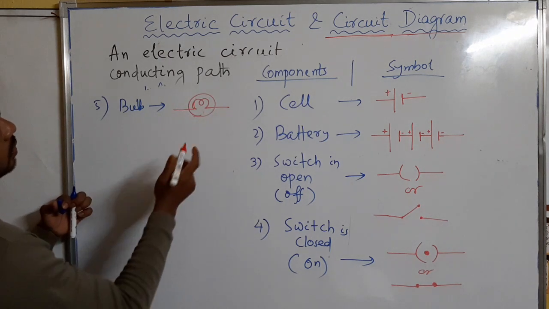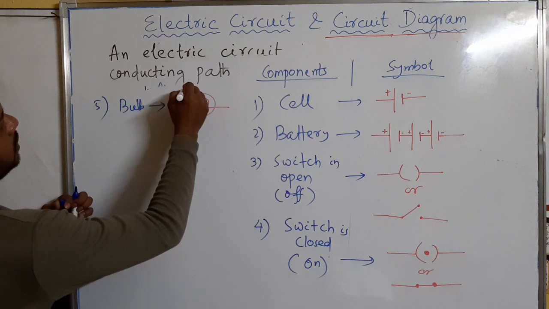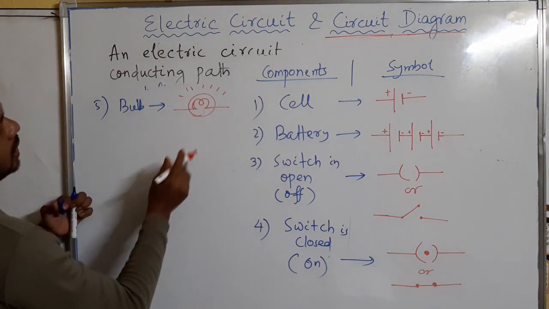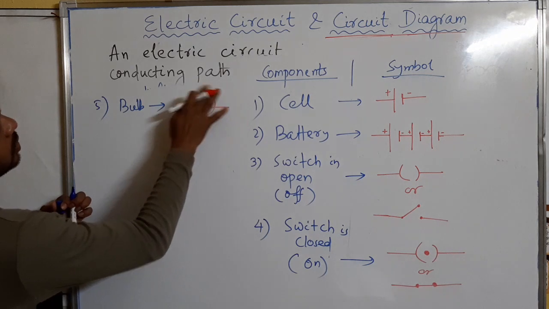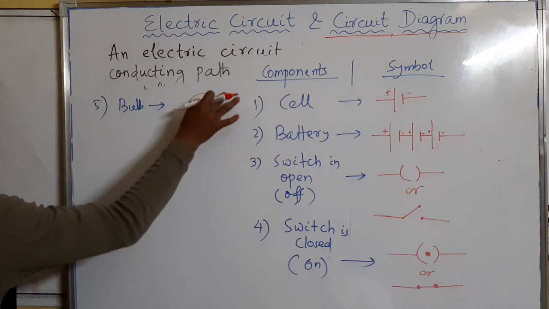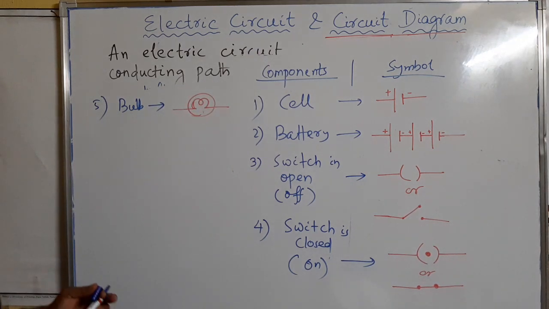Sometimes also, bulb in glowing condition you can give the mark like this, and when this bulb is not glowing, then you will not give any mark on the outside. This is the bulb.